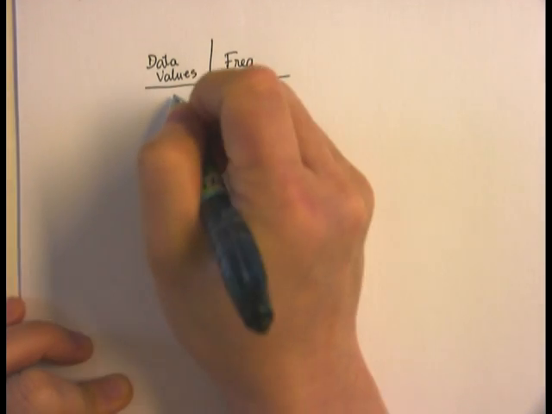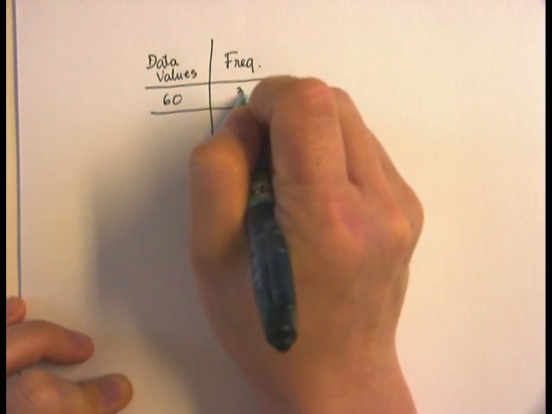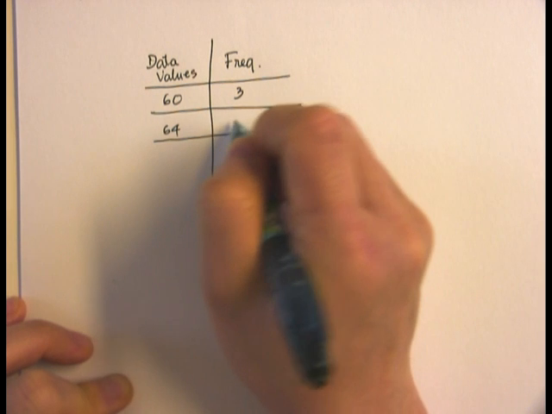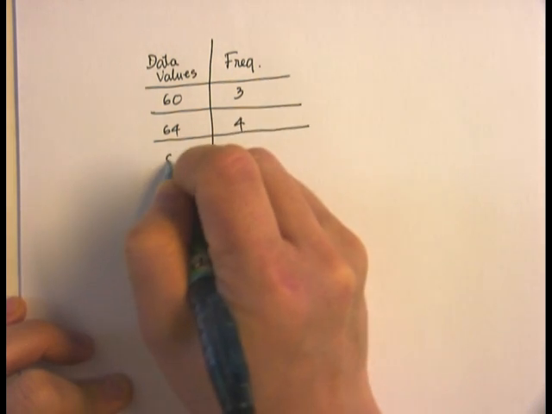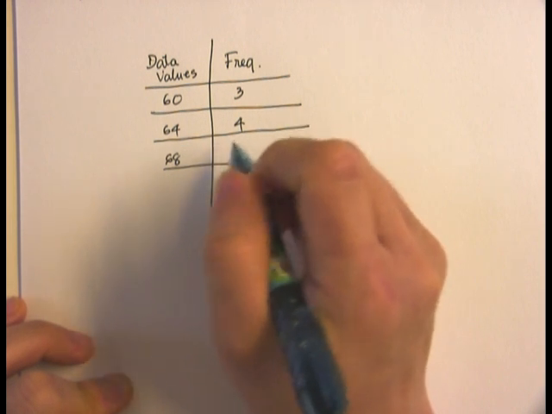My first value here is a 60, and once again there are 3 of them. My second value is a 64. There are 4 of them, and allow me to move a little fast because we already had a distribution for ourselves.